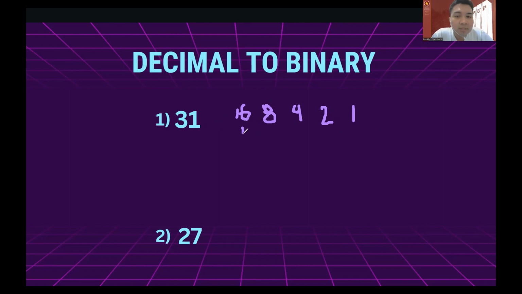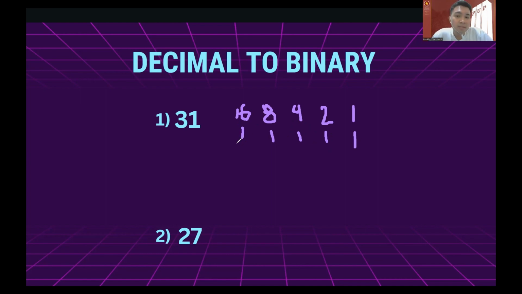I-add natin, mag-isip, titingnan natin kung ano yung pwede natin ipag-add to make it 31. So, 16, I will just put here 1. 16 plus 8 is 24, so I will put here 1. 24 plus 4 is 28, I will put here 1. 28 plus 2 is 30, so I will put here 1. And 30 plus 1 is 31.